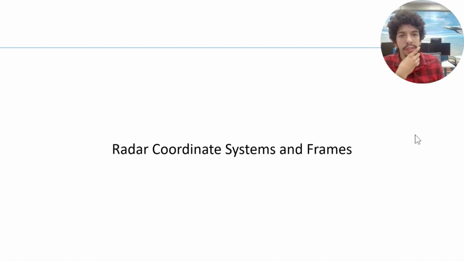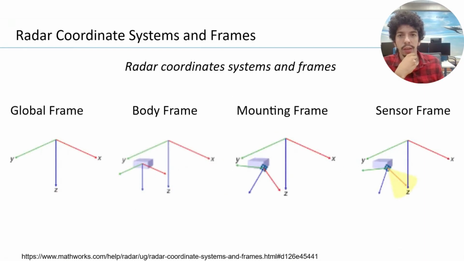Radar coordinate systems and frames. This topic is about, for example, the global frame, utility three coordinates X, Y, and Z. Body frame, utility the body, the same coordinates for the body principal and the body secondary.